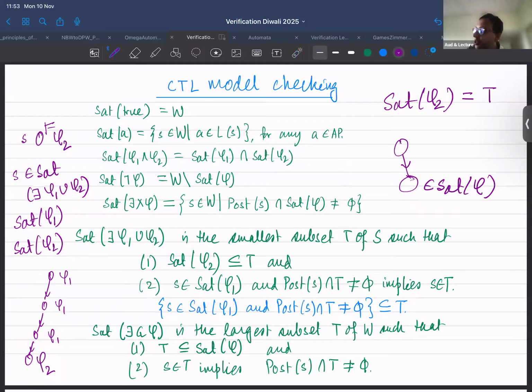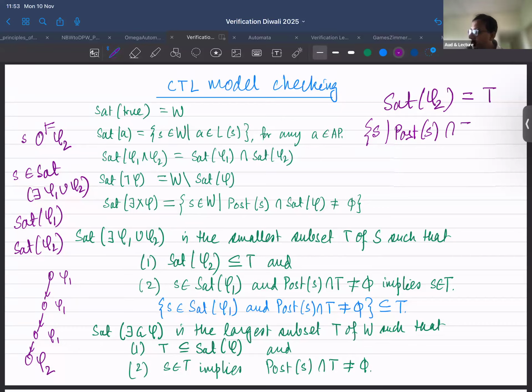So now you consider those states S such that S satisfies phi 1 and post of S intersection T is not empty, correct?